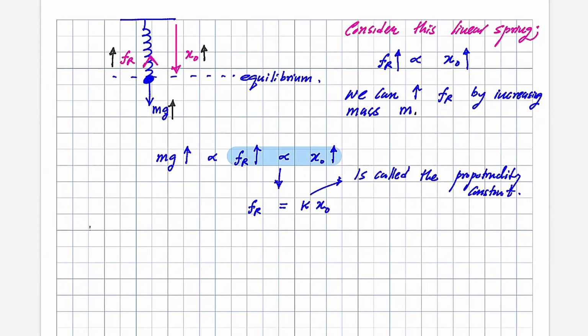Also, this proportionality constant is named the spring constant. This constant is a material dependent property.